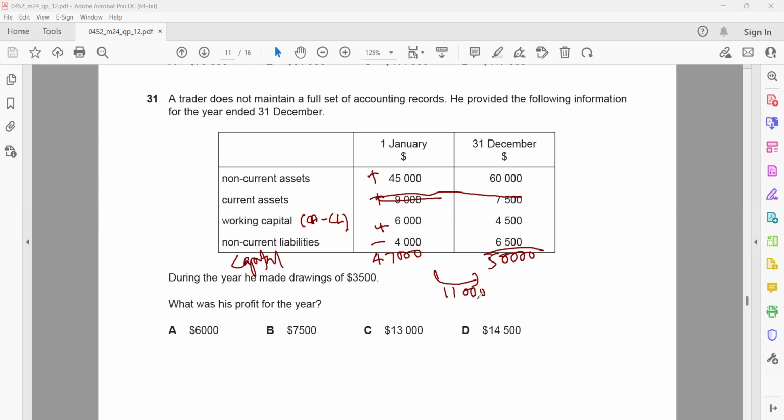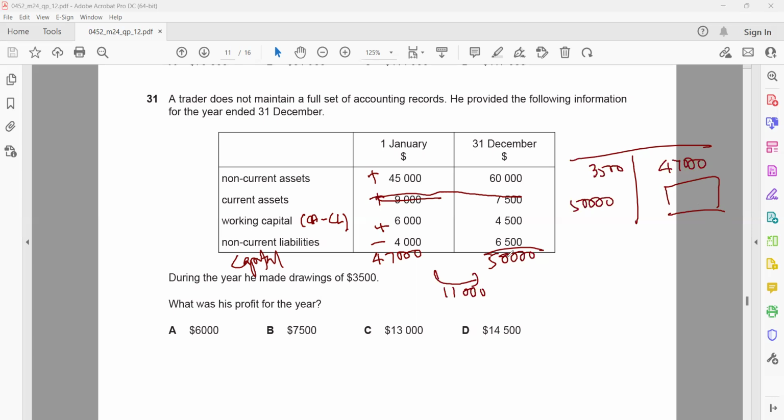Okay, it's different. Because you have the drawings, in this case we put in 4700, this one 50,000, and then your drawings is 3,005. So what is your profit? So take the total debit, 50,000 minus 4700. So 6,000. Let me see, why is there a mistake?